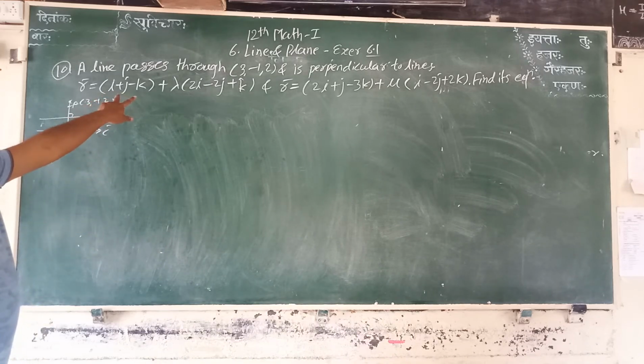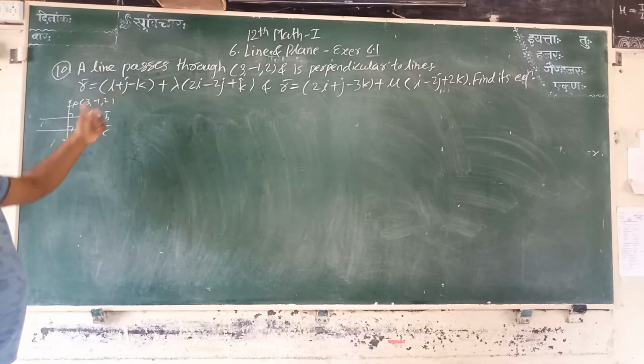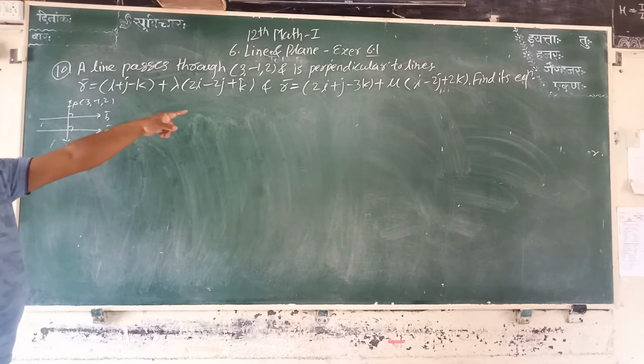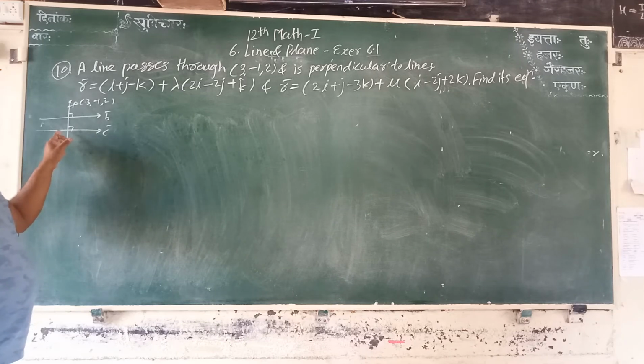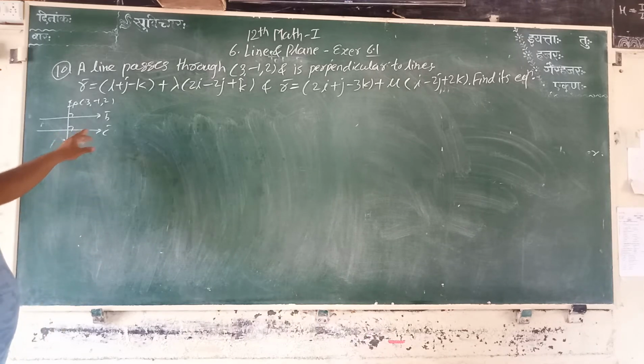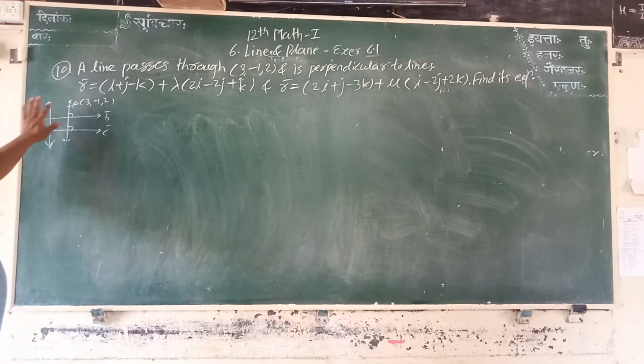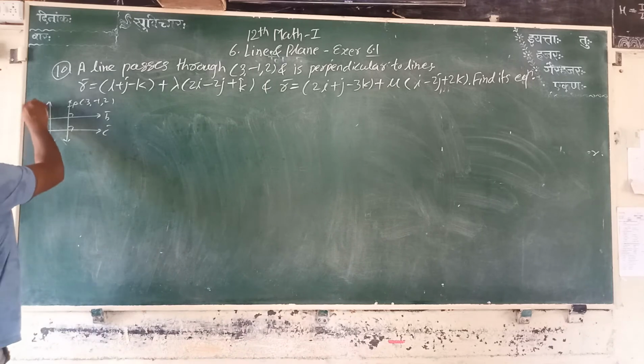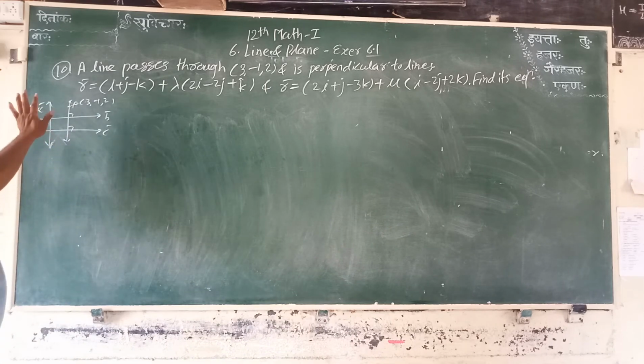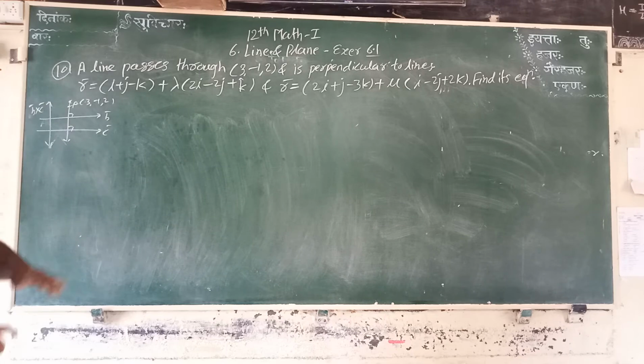Because for these perpendicular lines, one passes through a point A bar and has direction B bar, and another line has direction C bar. Therefore, the required line is parallel to B bar cross C bar. Now we see this question is the same as question number 4.